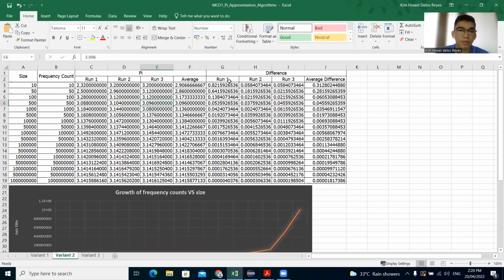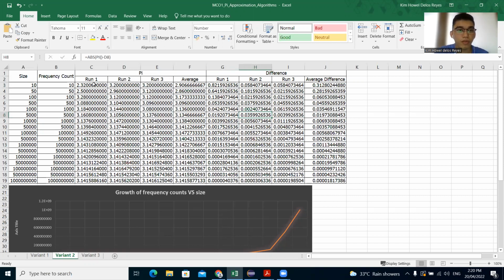And at the same time, when we get the value of pi, we get the absolute difference between the calculated value of pi and the actual value of pi. And why is it that we only consider the absolute difference? Because we do not need the difference as a negative value. Sometimes the computed value tends to be greater than 3.1459. So we only consider the absolute difference between the computed value and the actual value of pi.